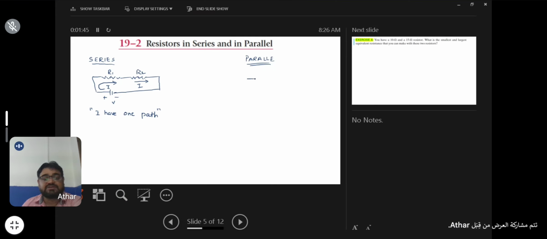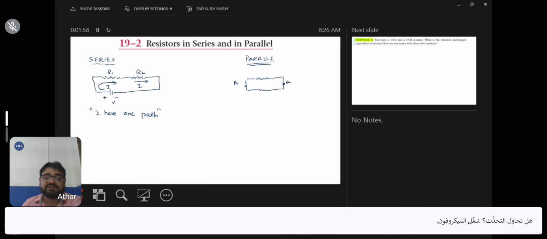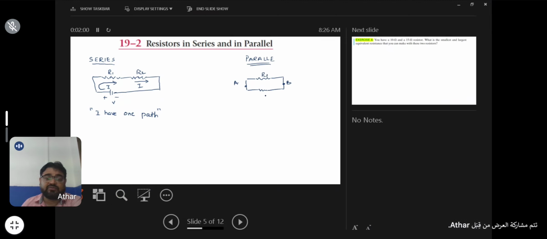Parallel combination is one in which resistances, let's say R1 and R2, are connected terminal to terminal. For example, this is terminal A of both of the resistances and this is terminal B. Now, if you apply the battery at terminal A and terminal B having a voltage V, what will happen?